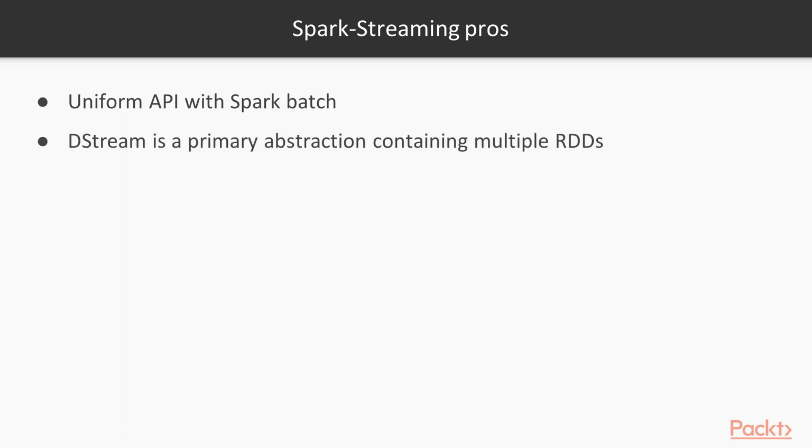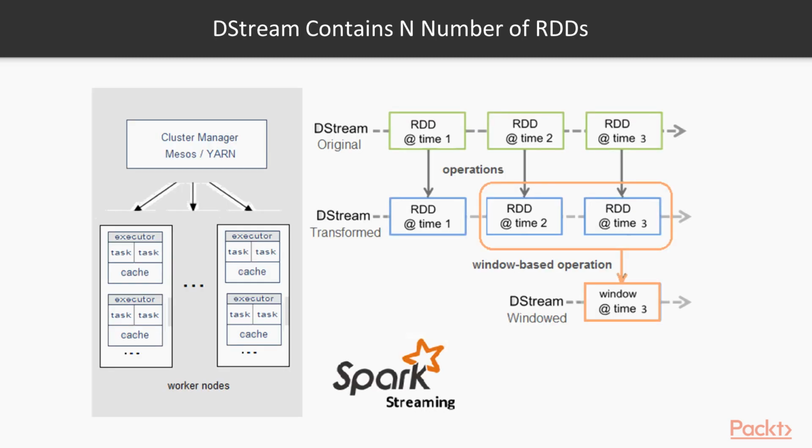And DStream is the primary abstraction containing multiple RDDs. DStream contains n number of RDDs. So if we have a DStream abstraction, it has multiple RDDs underneath. So when we will be processing a DStream, we will be iterating over every RDD in the DStream.